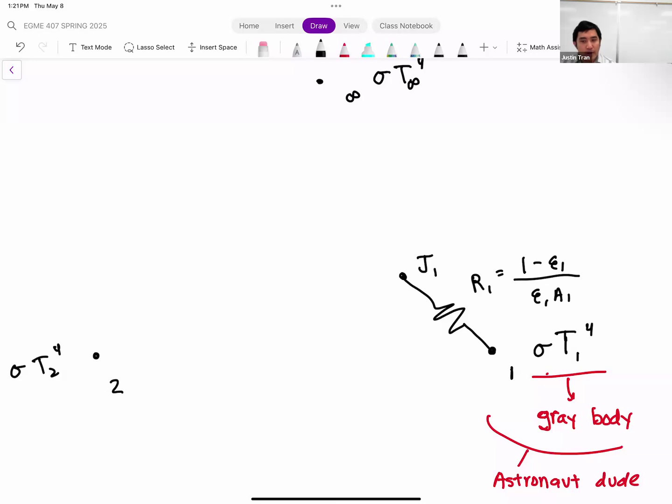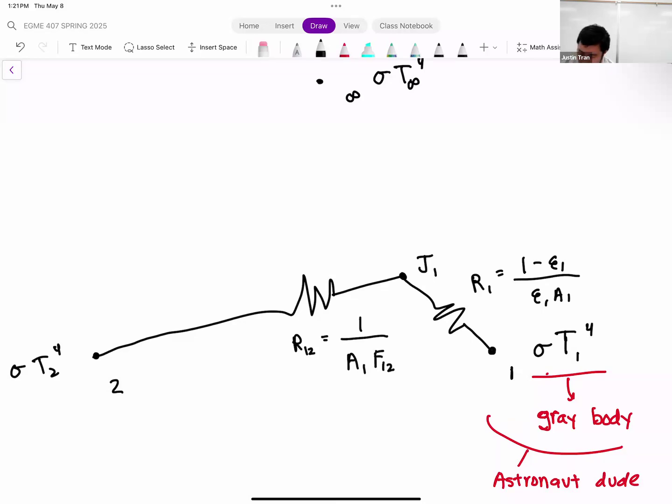So if you look at the astronaut, heat can go from the astronaut to the cylinder, and it can go from the astronaut to deep space. So this resistance right here represents the heat transfer between the astronaut and the cylinder. So this is going to be R12. This is going to be 1 divided by A1 F12. And we have the heat transfer between the astronaut and deep space.